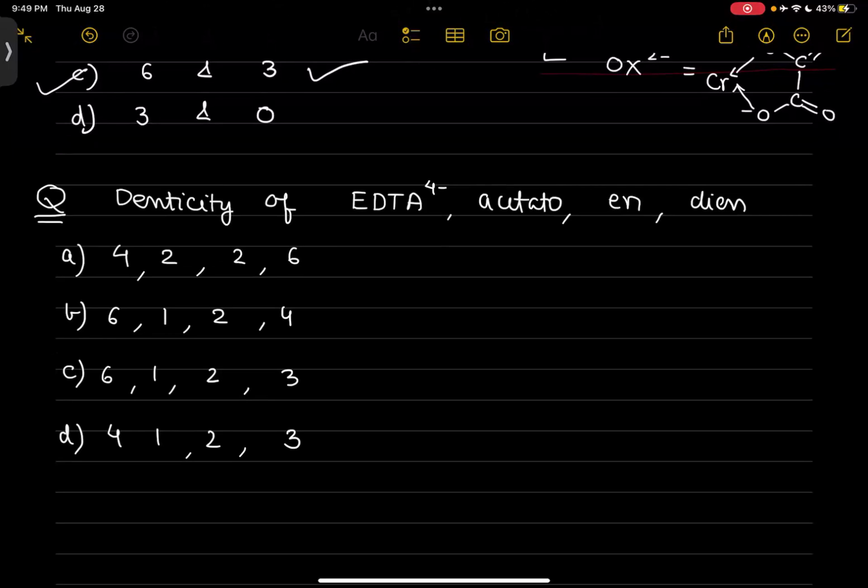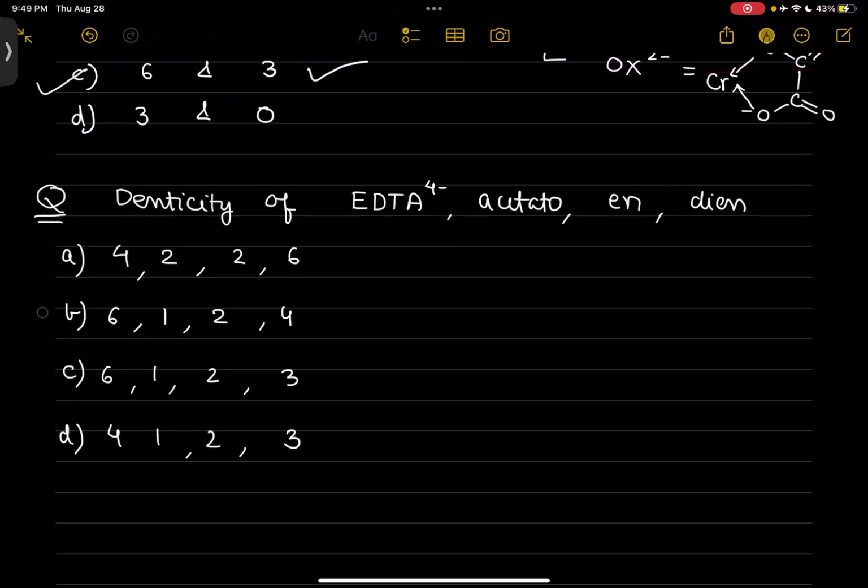So EDTA is a very famous ligand. Ethylene diamine tetraacetate we have seen just at the starting of these NEET questions. Say option B.